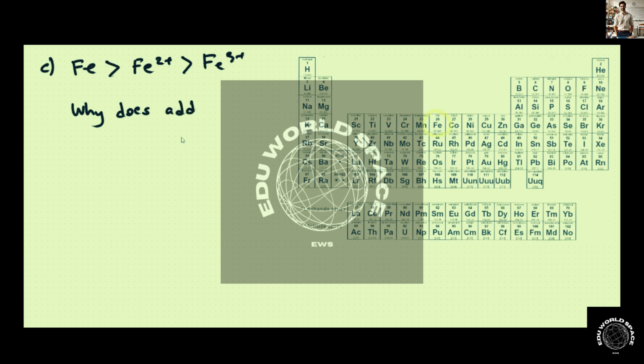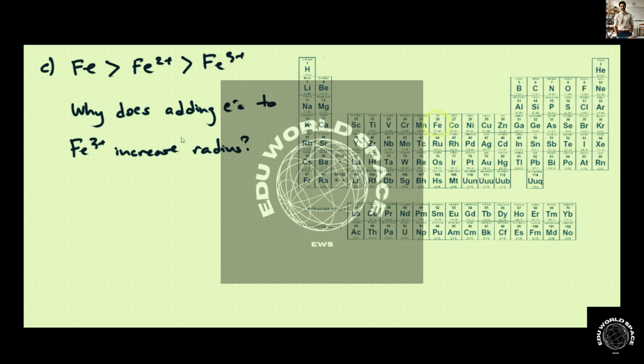Equivalently, we can phrase it like: why does adding electrons to iron 3 plus increase radius? You can imagine iron 3 plus would have the same number of electrons as chromium. As you move across this row, from chromium to manganese to iron, the atomic radius is getting smaller as you remove those electrons.